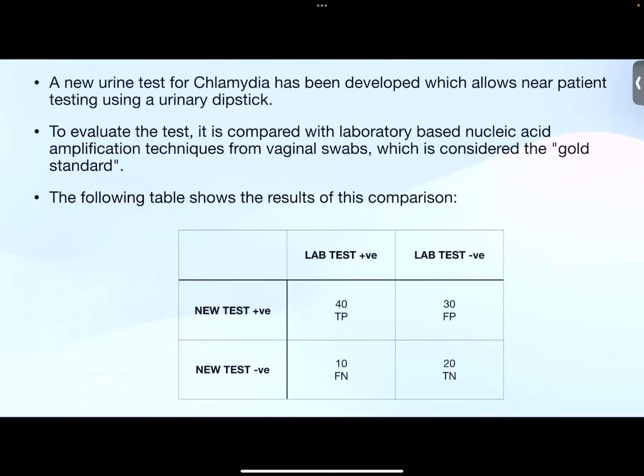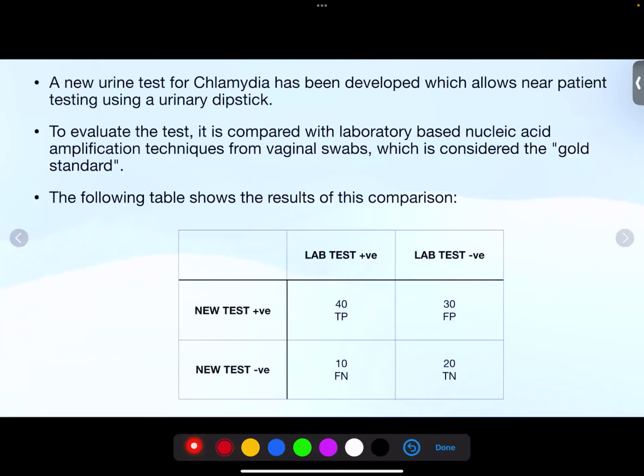So let's have a quick question on these charts. If you read this table, this is an example of these tests. They are comparing a new test with a previous gold standard test.